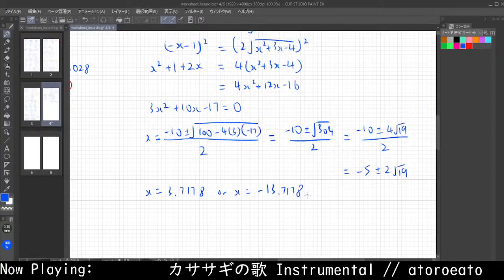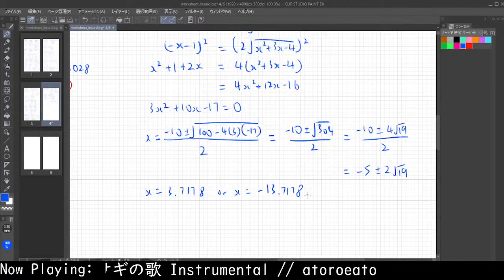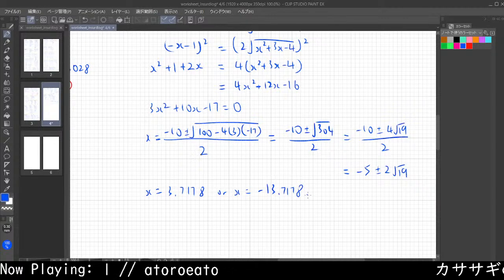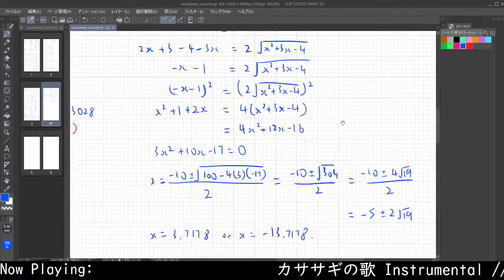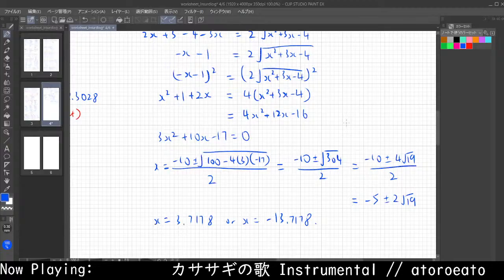Again we want to check. This should be plugged into the original equation, not the squared version, not anything else. And again, the easiest thing to check for is just whether the number inside your square root will turn negative or not.